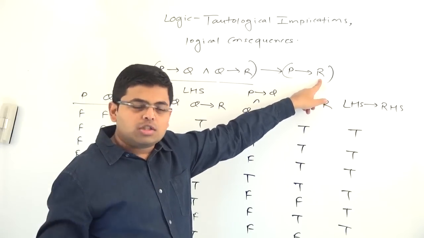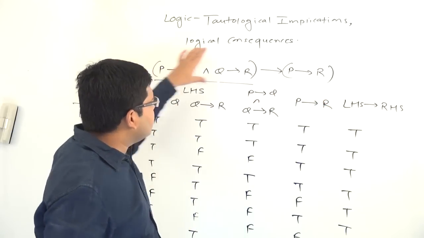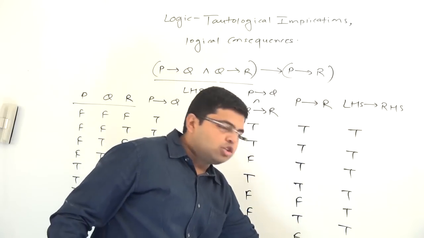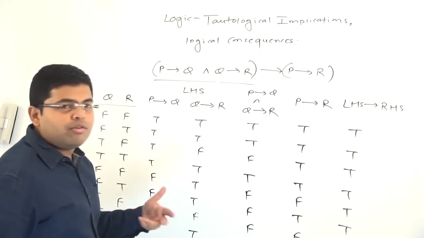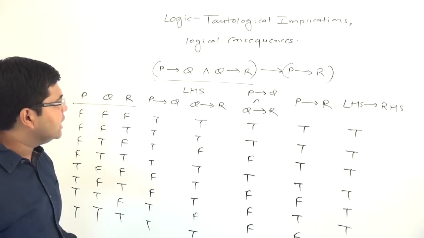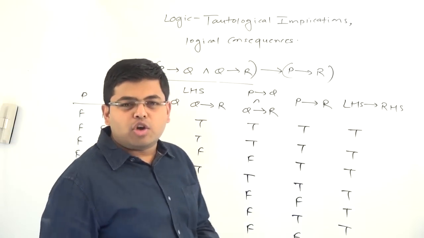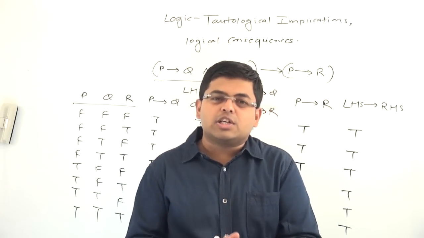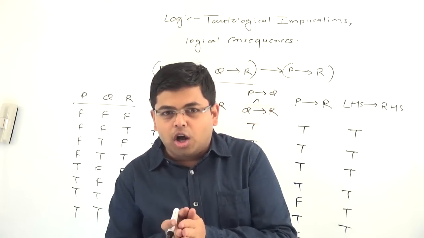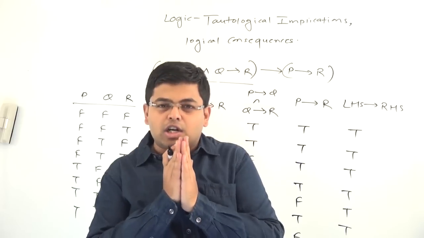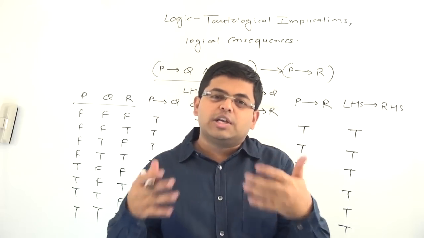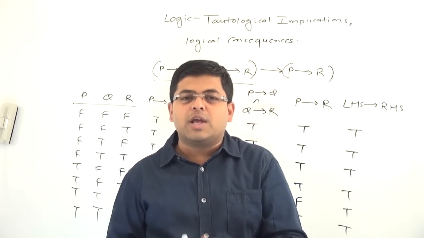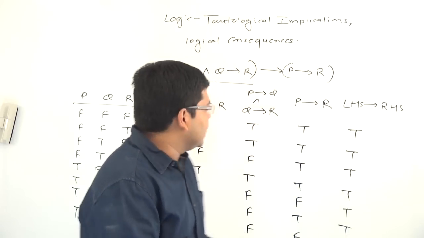It cannot be false, and we know that a formula which is always true is called a tautology. So whenever we have implications like this, whose value is always true, whose value cannot be false, which are tautologies, then such implications are called tautological implications.